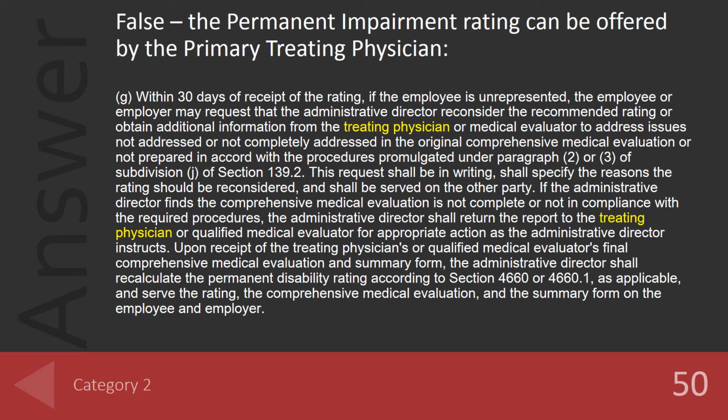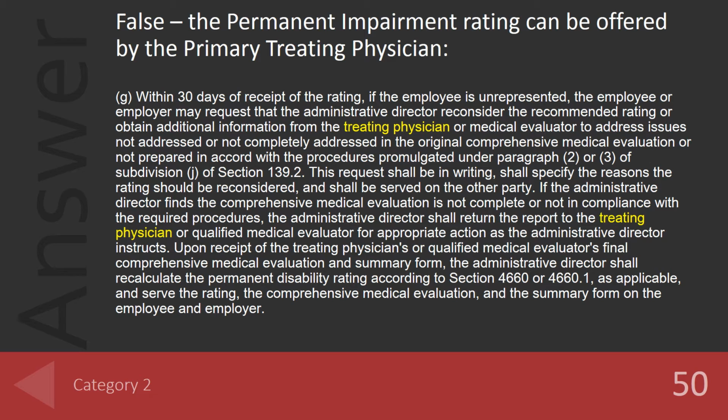Now, if the administrative director finds the comprehensive medical evaluation is not complete or is not in compliance with the required procedures, the administrative director shall return the report to the primary treating physician or the qualified medical evaluator for appropriate action as the administrative director instructs. Upon receipt of the treating physician's or qualified medical evaluator's final comprehensive medical evaluation and summary form, the administrative director shall recalculate the permanent disability rating.